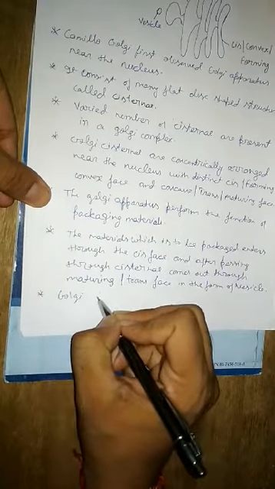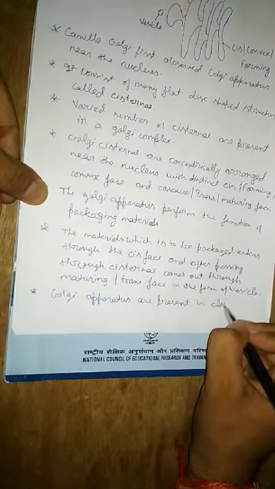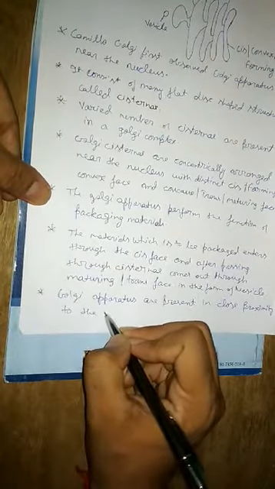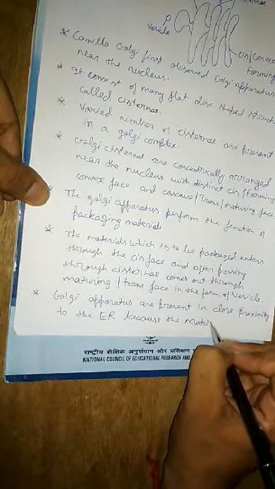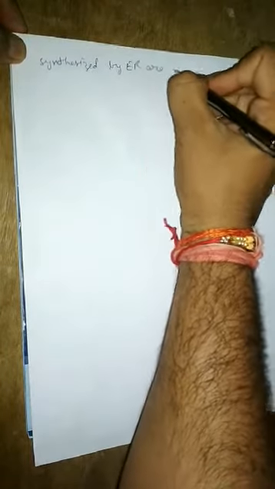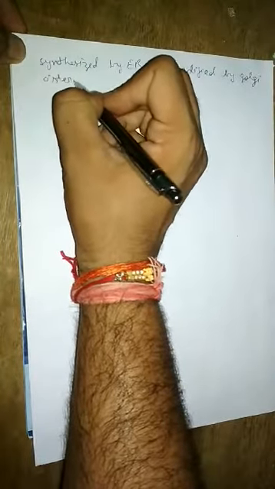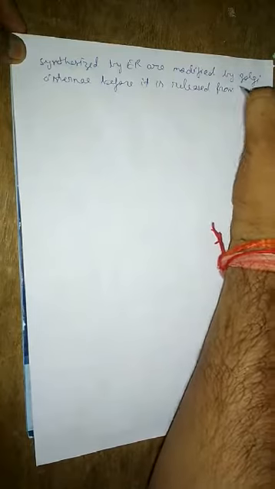So Golgi apparatus are present in close proximity to the endoplasmic reticulum because the materials synthesized by the ER are modified by Golgi cisternae before they are released from the trans face.